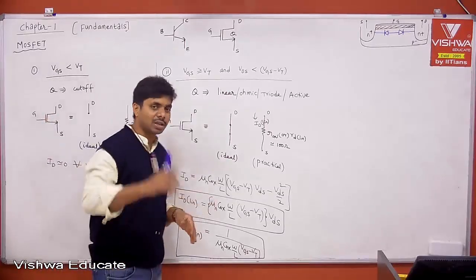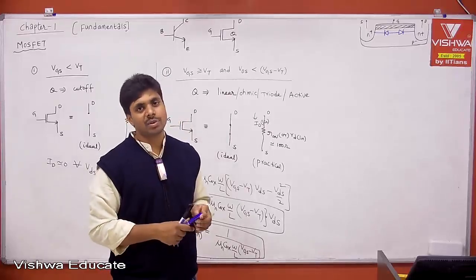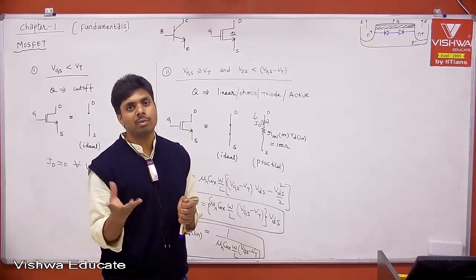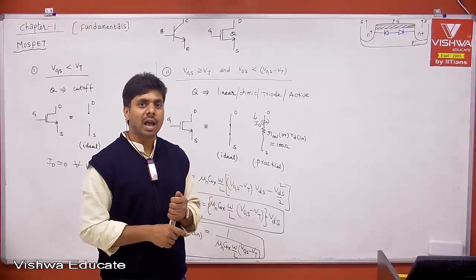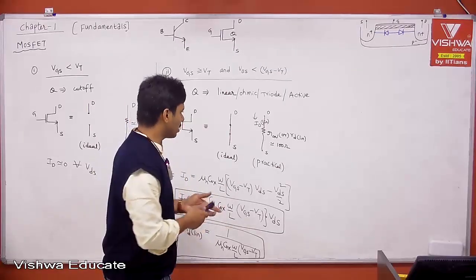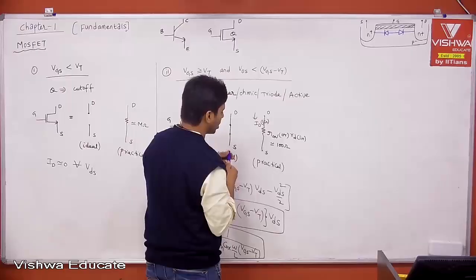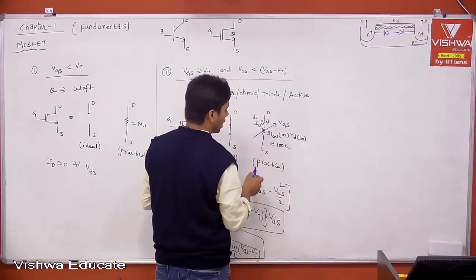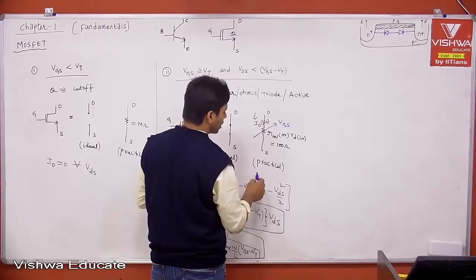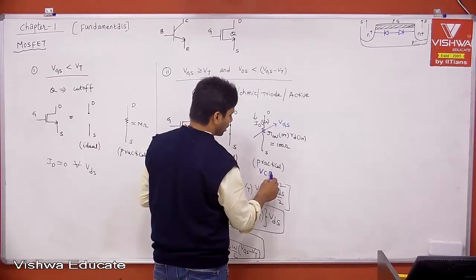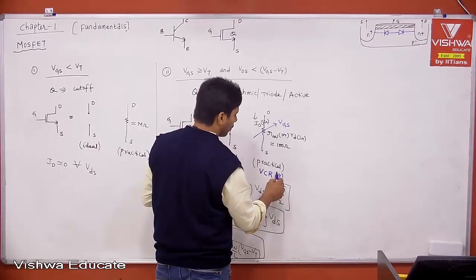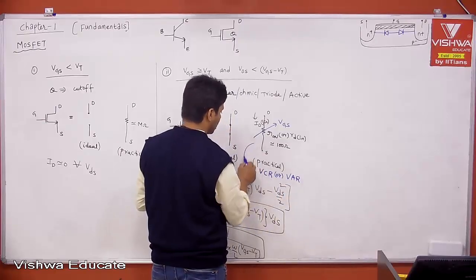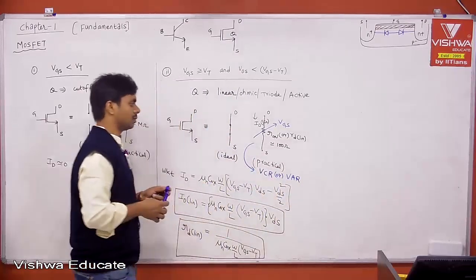But that is not the case in the BJT. In the BJT, the on resistance is almost 0, or I can say 5 ohm or 10 ohm, but here it is significant, and it is controlled by your gate to source voltage. Therefore, this resistance is controlled by the gate to source voltage. That's why people call this a voltage controlled resistor or variable resistor.